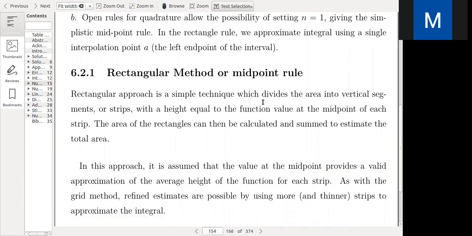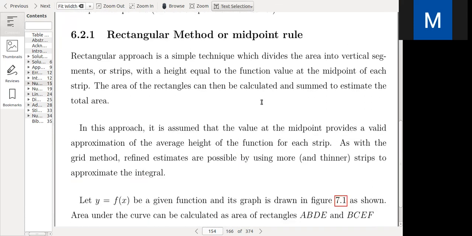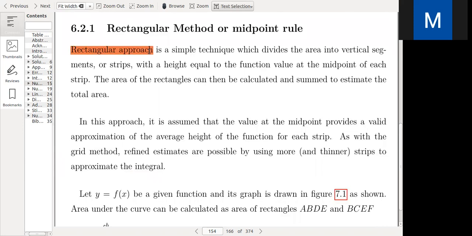So let's discuss the rectangular method or the midpoint rule. The rectangular approach is a simple technique which divides the area into vertical segments or strips with the height equal to the function value at the midpoint of each strip. The area of the rectangles can then be calculated and summed to estimate the total area. So it's simple to understand.